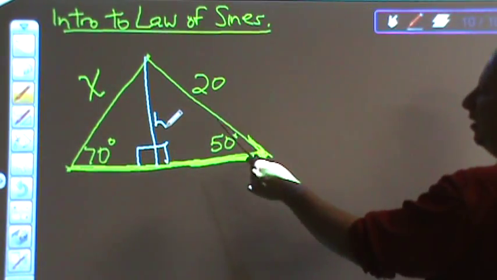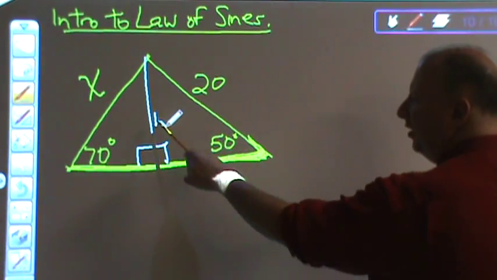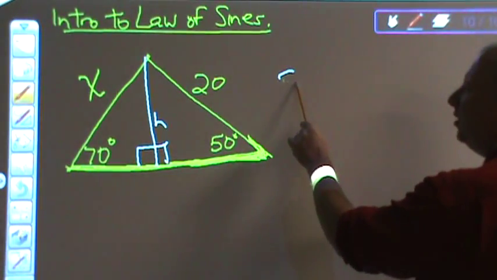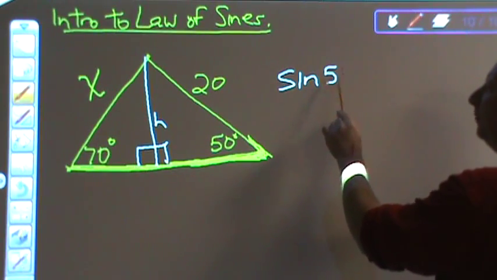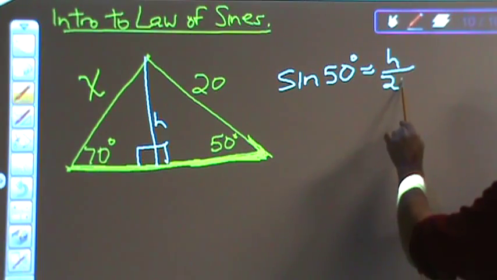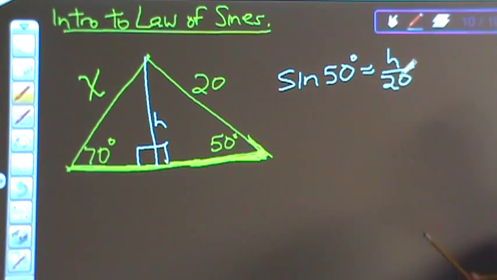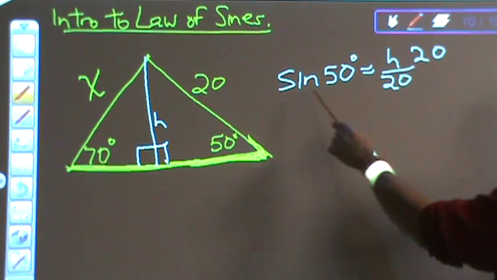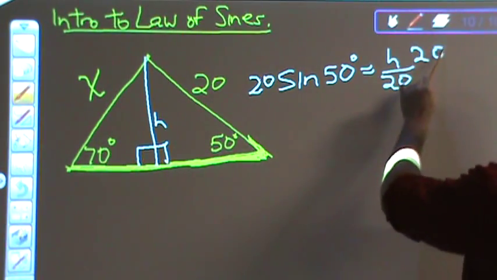Well, the relationship between h and 20 and 50, we can say the sine of 50 degrees is equal to h over 20. And whatever you do to one side of the equation, back to algebra, you do to the other. So I'll multiply both sides by 20.